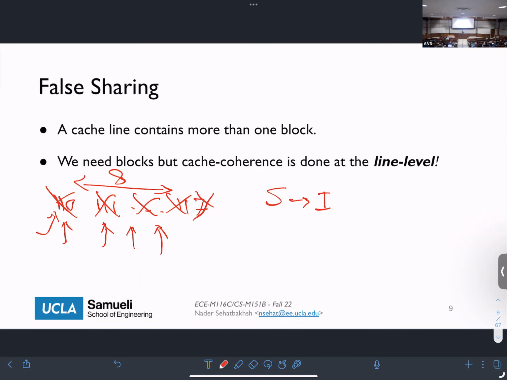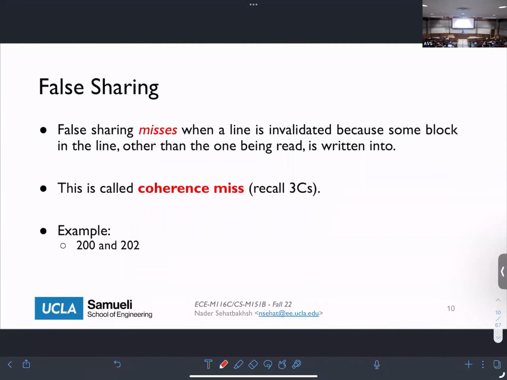And we usually call this false sharing because, for example, 110 is not at all shared between the cores, but 111 is actually shared. If this one is shared, but this one is not, because this one is shared and we need to evict this, we will also evict this.